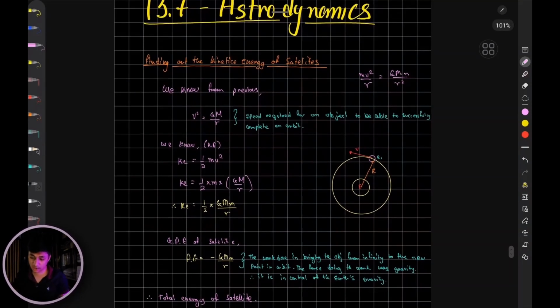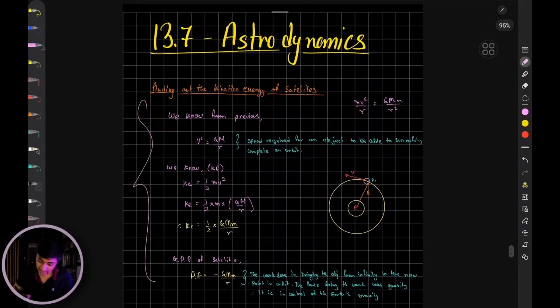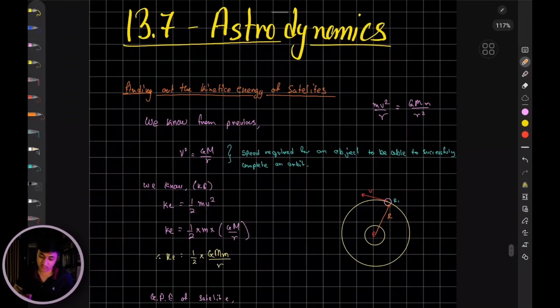First up, we're going to understand the kinetic energy of satellites, right? Now, we know from previous videos that v squared is equal to GM by r. If you don't know where that came from, here's a quick recall. Basically, in case of a satellite revolving around Earth, its centripetal force is provided by the gravitational force of Earth, right?